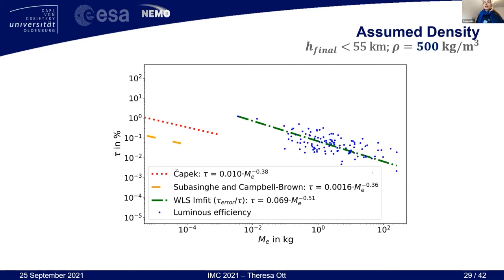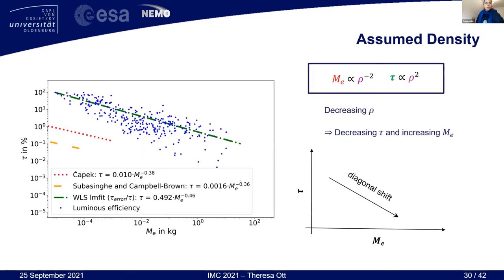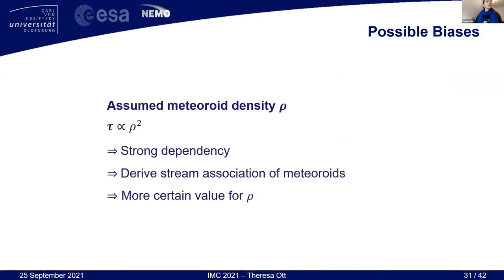And as you can see, this of course lowers our luminous efficiency assumption. With decreasing density, we find that the tau values decrease, and we have an increase in the entry mass, which is what was expected just by looking at the formulas. But we think this might actually be an instrumental bias or something like that. So this is a very interesting result that we think needs to be looked into as well.